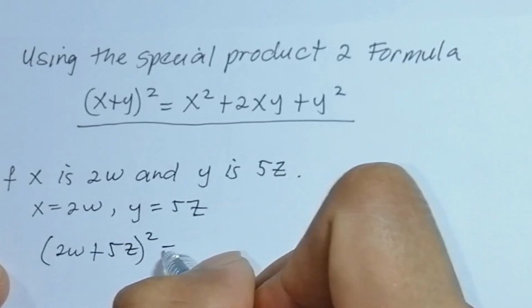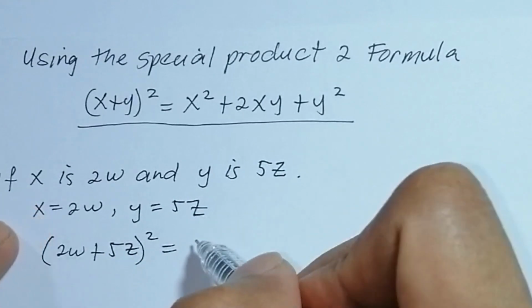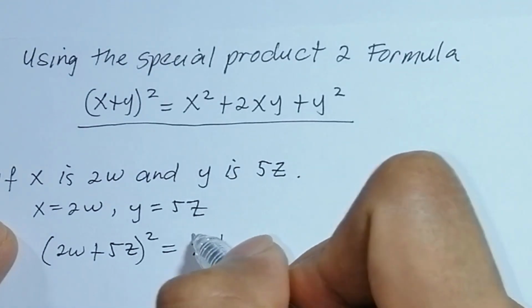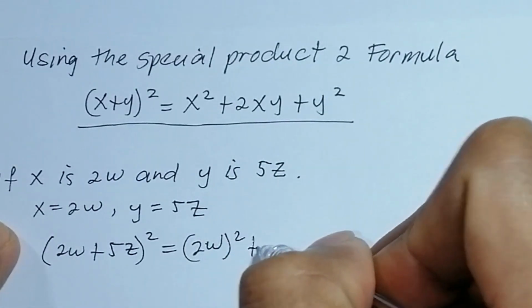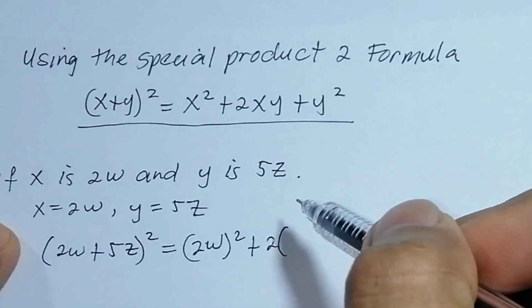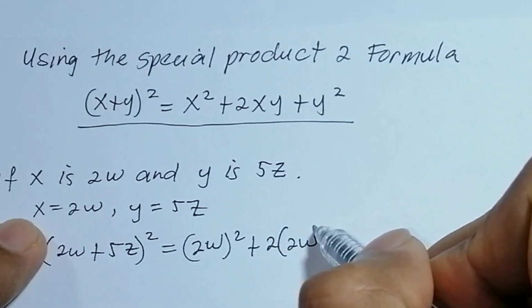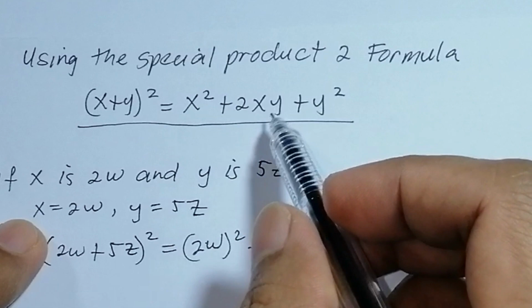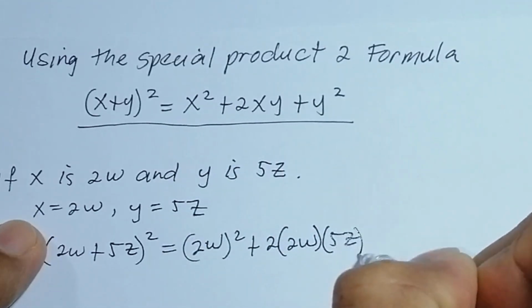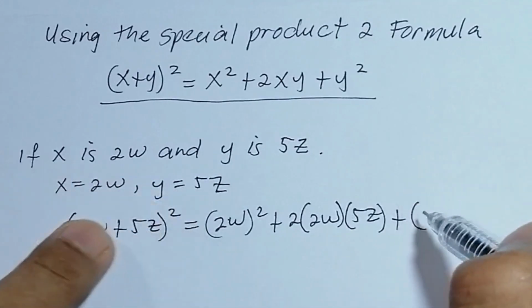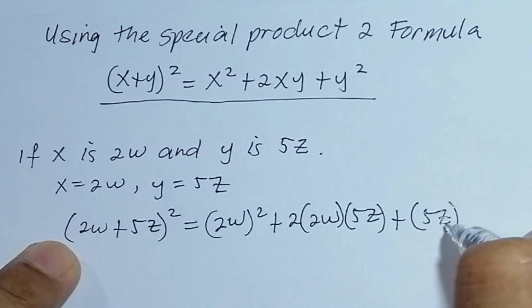squared is equal to x, 2w squared, plus 2, our x is 2w, multiplied by y, y is 5z, plus our y is 5z squared.